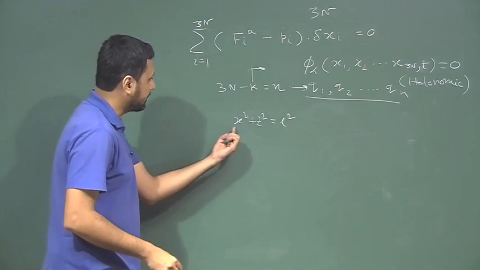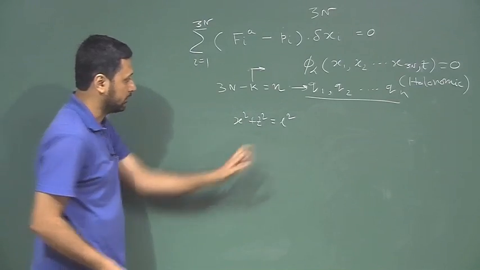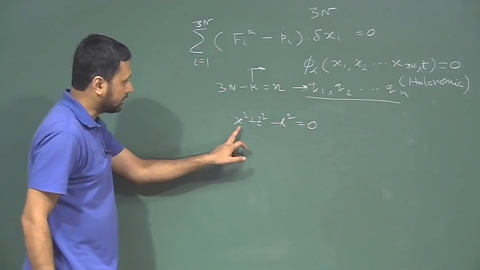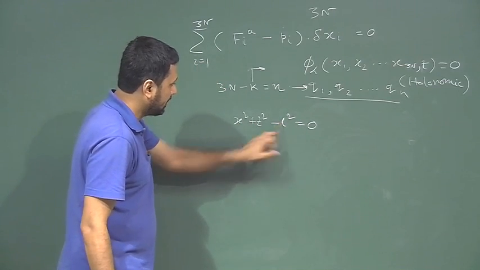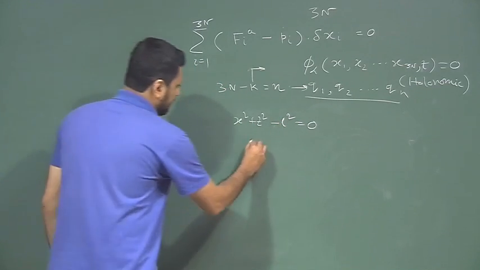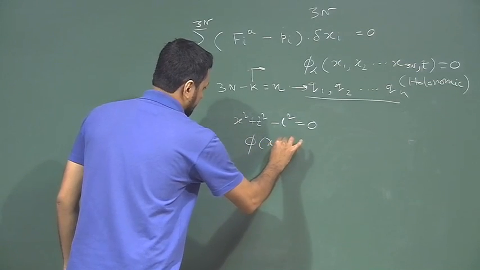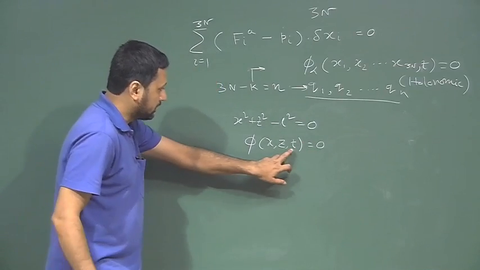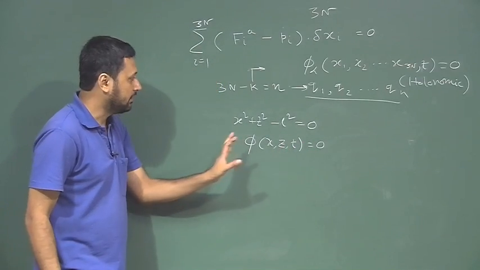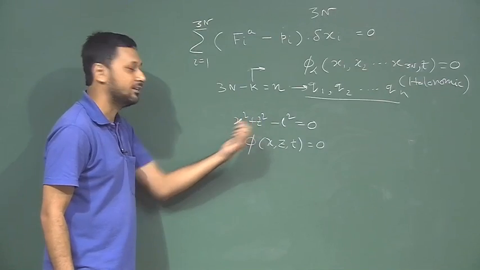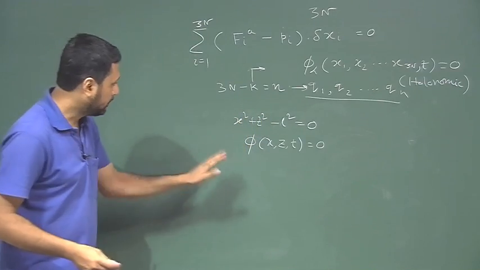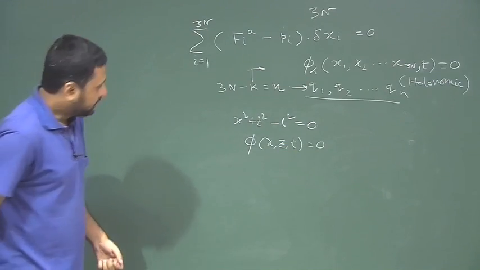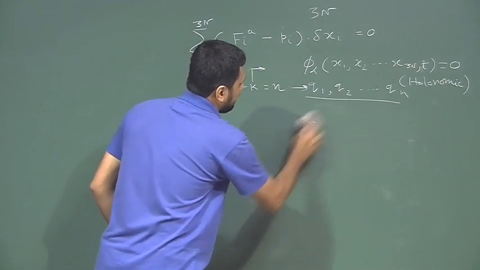Anyway, apart from that, the equation of constraint is x square plus z square equal to L square. We can take it to this side and write it as x square plus z square minus L square equal to 0. So, in principle this is our constraint equation of the form phi equal to 0. There is no time dependence here, but in principle these quantities x and z can vary as a function of time. So, the general constraint equation has this particular form.